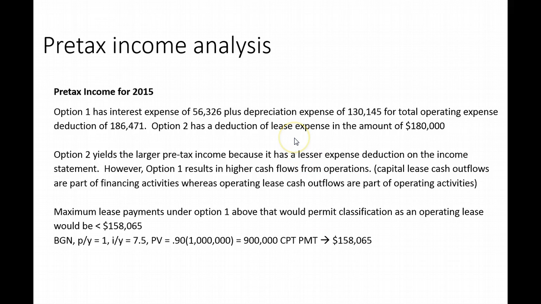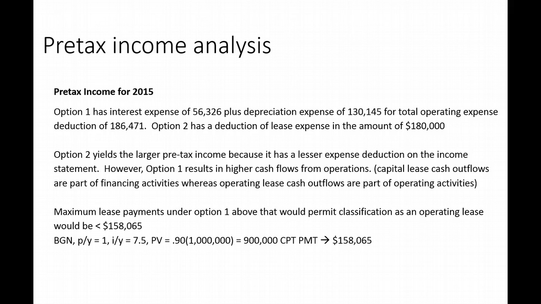Okay, so that is a very comprehensive lease analysis problem. We've covered a wide variety of issues. We've covered all of the measurement issues related to capital as well as operating leases. We've covered the recognition issues for both types of leases. We've covered the financial statement disclosure issues for both options.